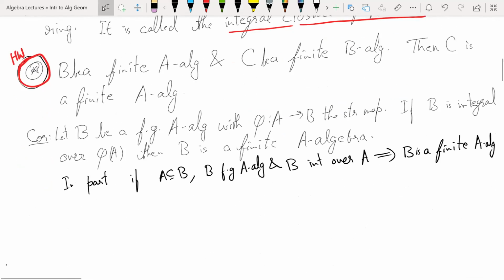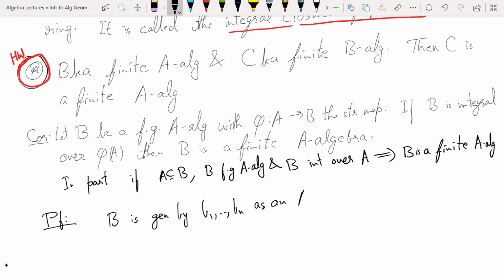So maybe I'll just write out the proof. Say B is generated by b1 to bn as an A-algebra.